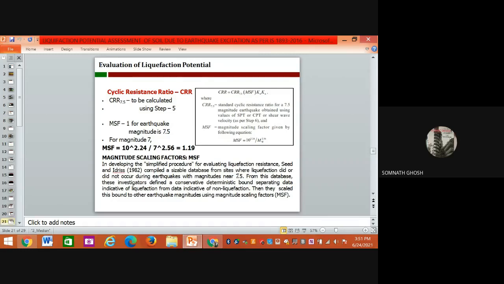And then your CRR 7.5, and that is to be calculated from this step 5. Then MSF 7.7, they corrected it with this expression. They have calculated MSF. And after calculating MSF, they have inserted here and they got the CRR.